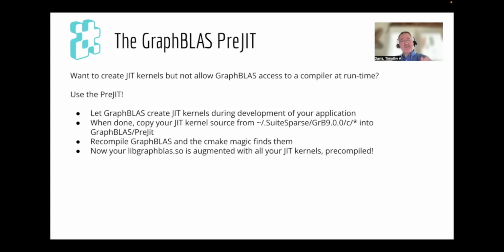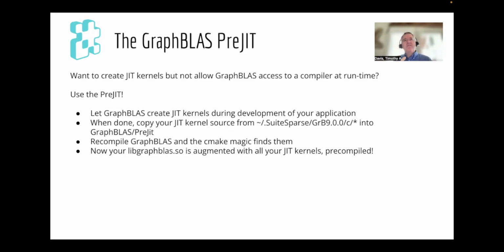And there's another feature of the JIT, which is very powerful. I call it the pre-JIT. So suppose you're an application, a high-level one like FalkorDB, and you want to create JIT kernels for all the things you do in your database, the graph database, for FalkorDB or Julia maybe, or the Python GraphBLAS interface.